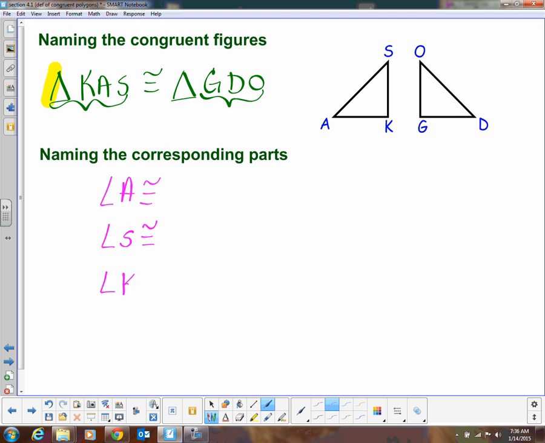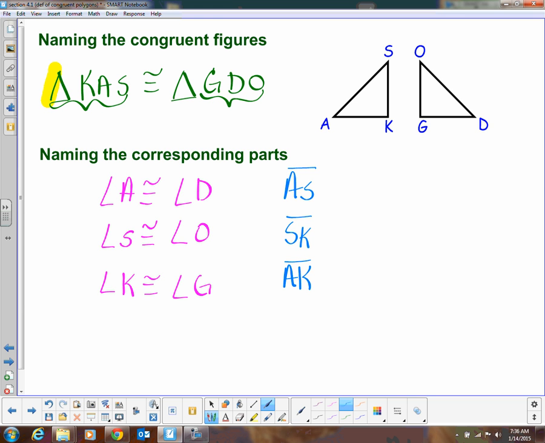So if I look at the first triangle, angle A is congruent to what? D. Angle S is congruent to what? And angle K is congruent to what? G. All right. How many sides are in a triangle? 3. So you should have 3 different side statements.